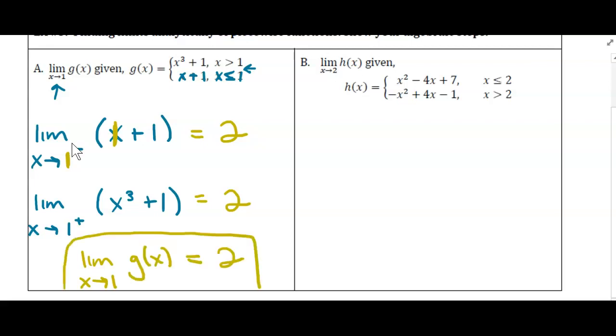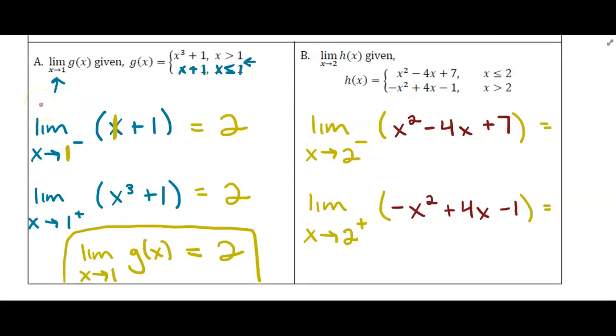Okay, the limit as x approaches 2 of h of x. Again, we notice that I'm evaluating the limit as x approaches 2, and that is where I have a split in this piecewise function. And so, when I am evaluating the left and right-sided limits of this function as x approaches 2, I want you to tell me what is going to be the function that I'm looking at for my left-sided limit.